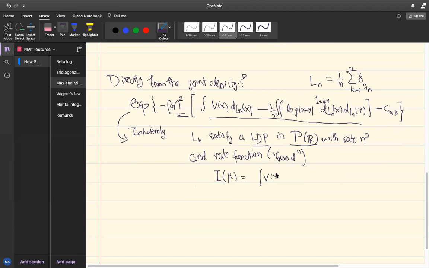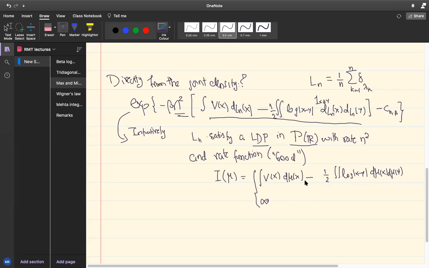That's what it is: the integral of V(x) d mu of x minus 1/2 double integral of log of mod x minus y d mu of x d mu of y. Whenever this exists; otherwise it will be infinity if this integral doesn't exist.